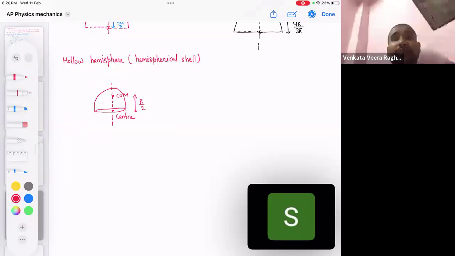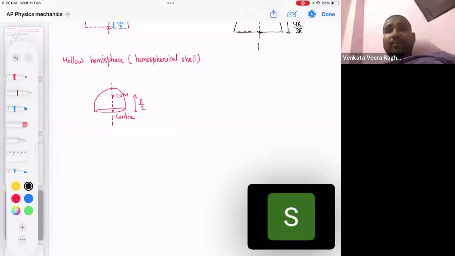Okay. Next, one more is there. That is the solid hemisphere. Solid hemisphere means the mass is distributed inside. Again, keep in mind, whatever examples we are taking are all examples of uniform bodies, wherever the mass distribution is given as uniform mass distribution in the question.